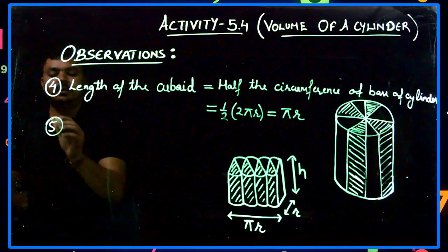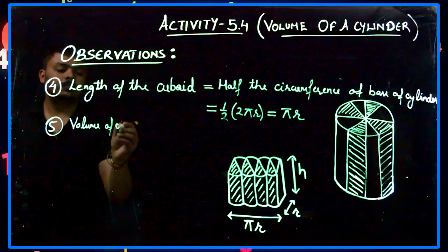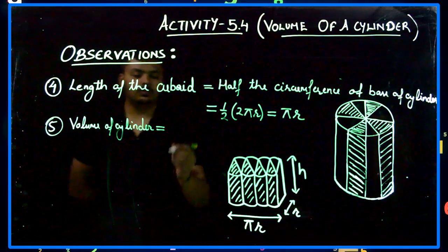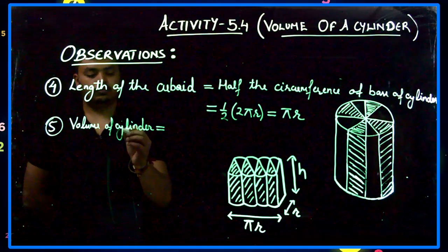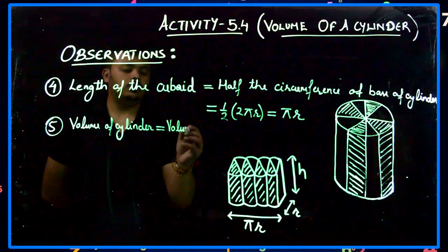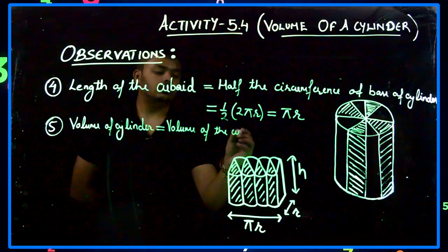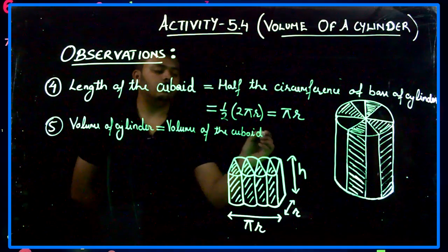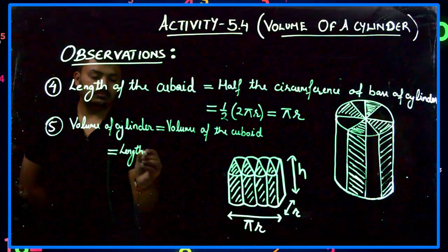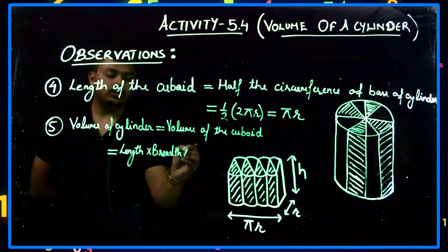Similarly, our observation 5 becomes volume of the cylinder is equal to volume of the cuboid, which is equal to length into breadth into height.